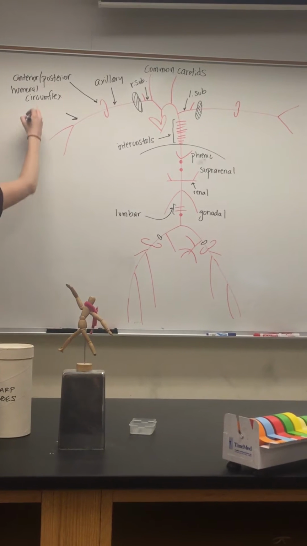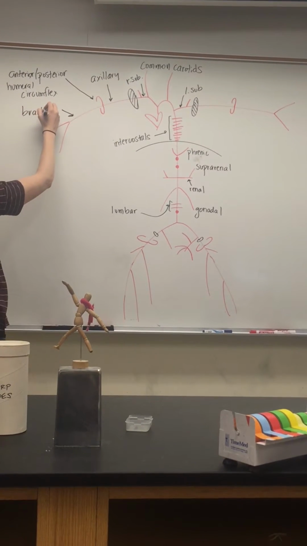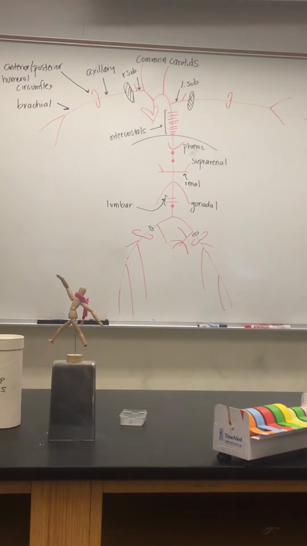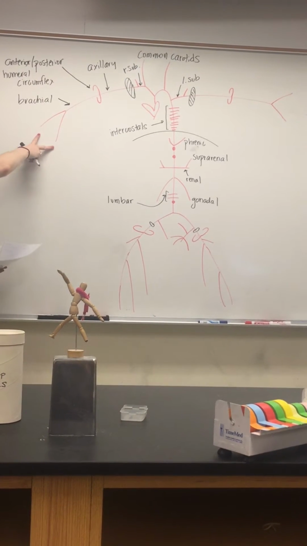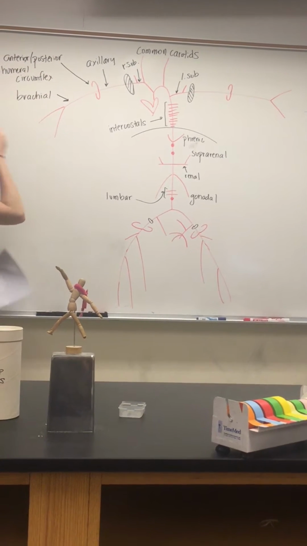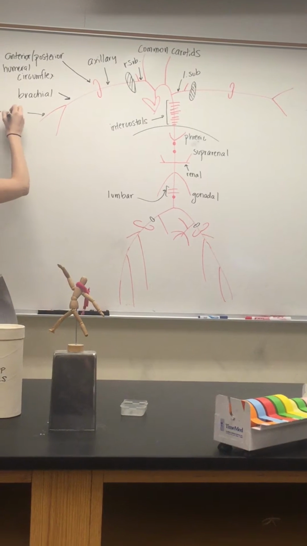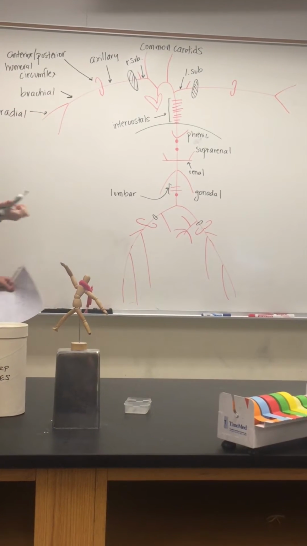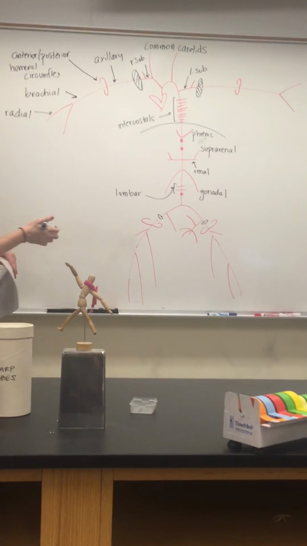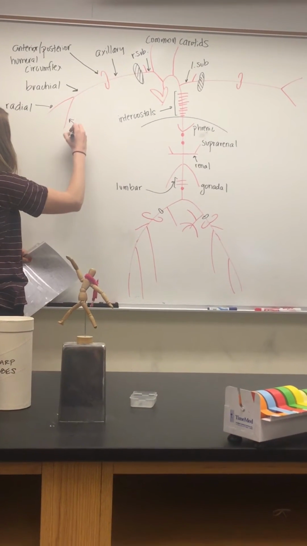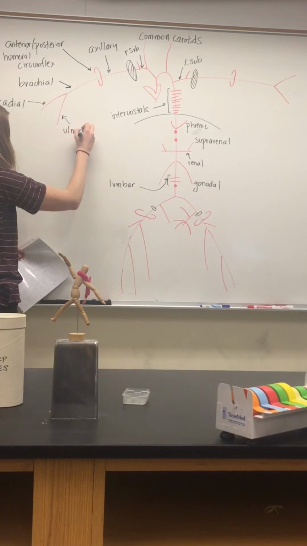After we pass the circumflex, we get the brachial artery. And then out here it splits. We get a radial artery on the thumb side. So remember, your radius is on the thumb side. And then we get an ulnar artery on the pinky side.